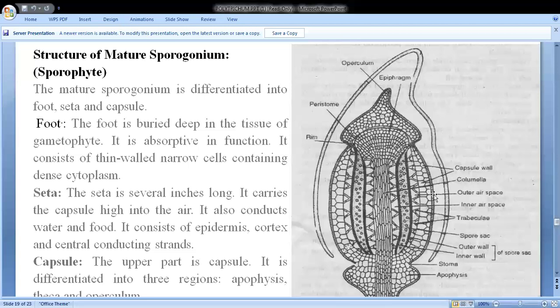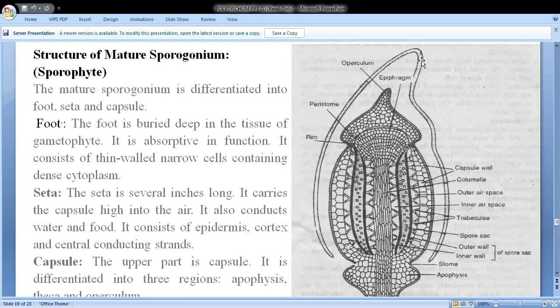Okay, so this is the epiphragm. Above it, this hood-like structure is the main calyptra.